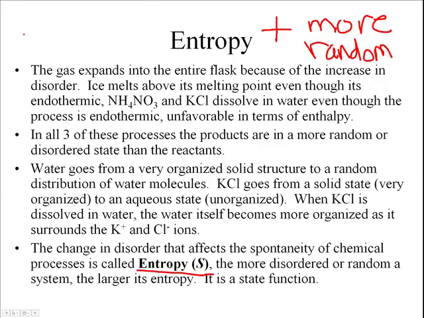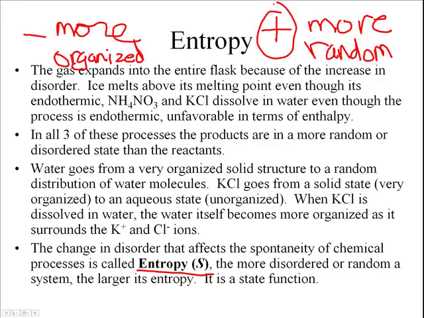If the entropy is negative, it is becoming more organized, or less random, however you want to think about it. I don't really care. Okay, so when entropy is positive, it's becoming more disordered or more random. When entropy is negative, it's becoming more organized. Okay, which certainly does happen in reactions.